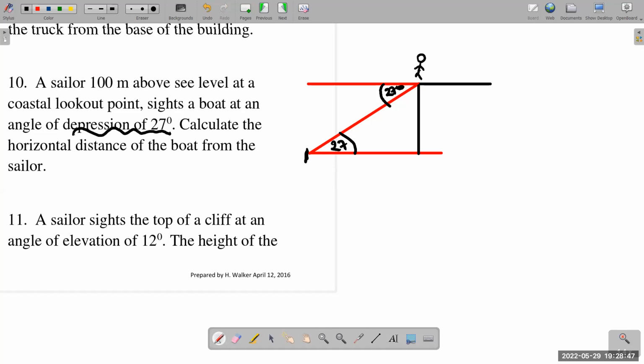Wouldn't that be here to here? What information did I forget to put though? You must put in what? The right angle. And it also said that he's 100 meters above sea level. Where do I put the 100? Here or here? Left or right?